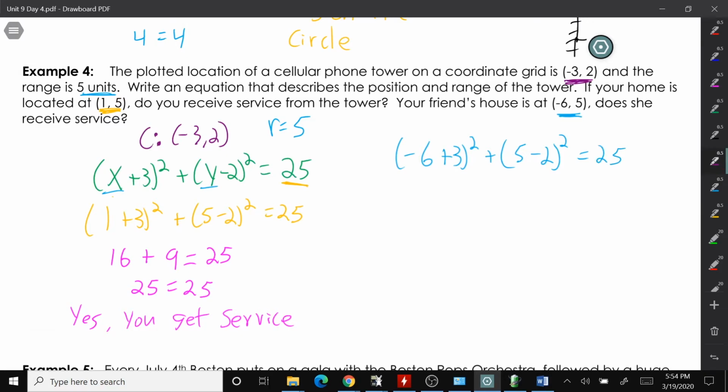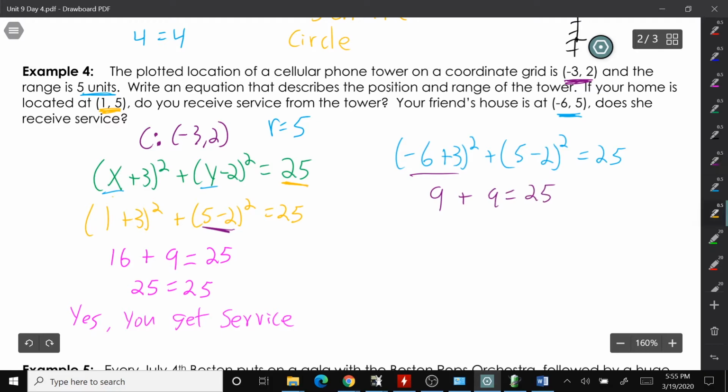Negative 6 plus 3 is negative 3 squared, so this part will equal 9, plus 5 minus 2, just like what we had over here, be 9 once we square it. So we get 18 equals 25. Well, obviously 18 is not equal to 25. 18 is smaller than 25, so your friend would get signal.